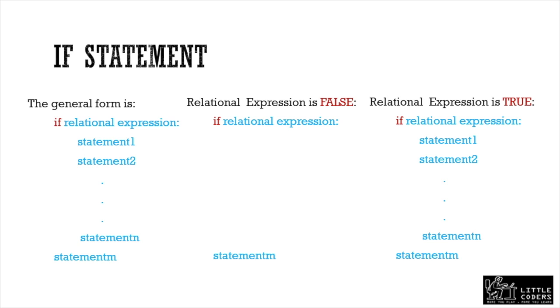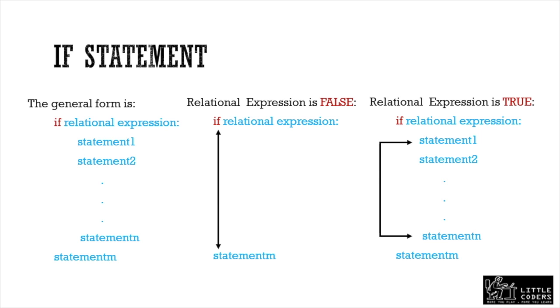Now, if you look at the statements that are given, if relational expression followed by a colon, and then if you look at statement m, the starting point of if relational expression as well as statement m is the same. So it should be the same.